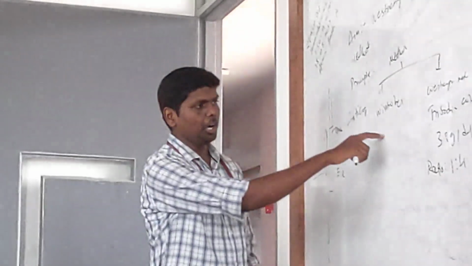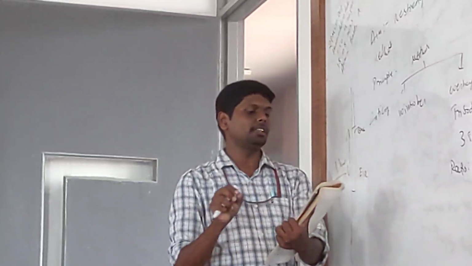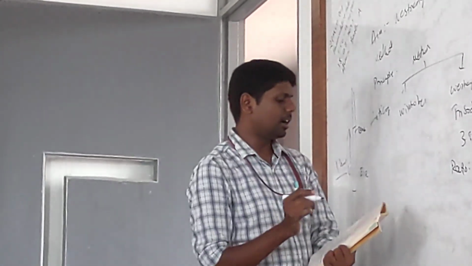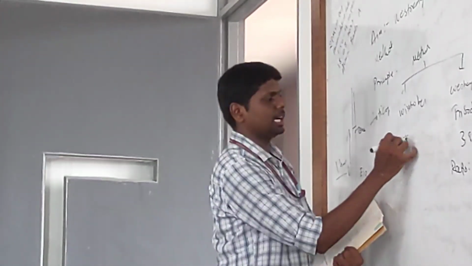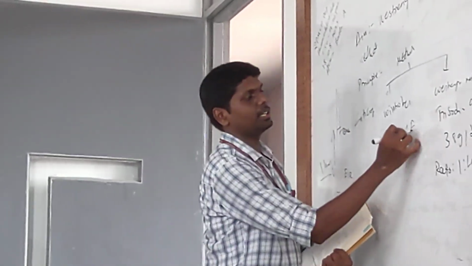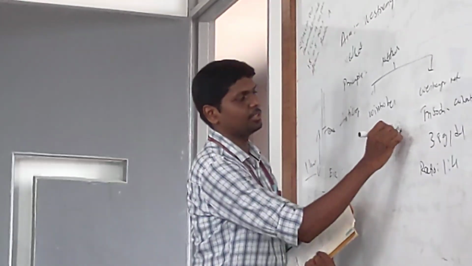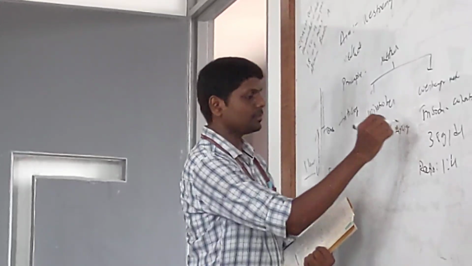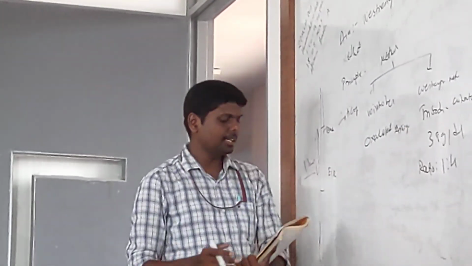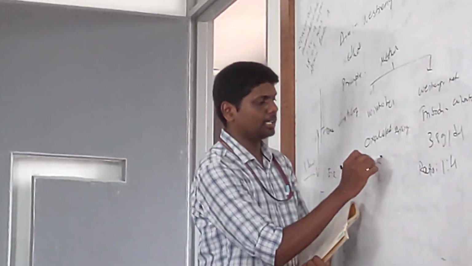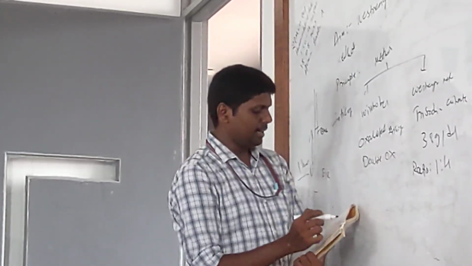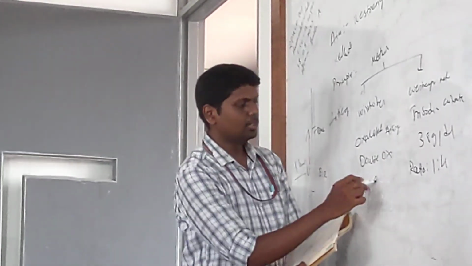Whereas in Wintrobe's method, the ideal anticoagulant is oxalate, EDTA, oxalated anticoagulant. For example, double oxalate you can take, and the ratio is 3:2.